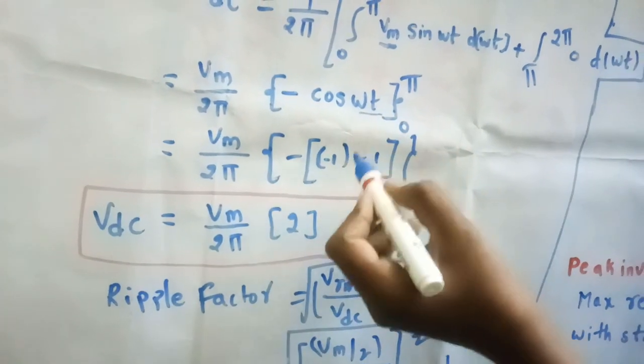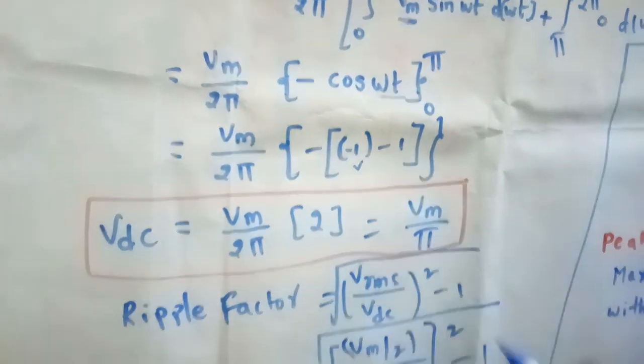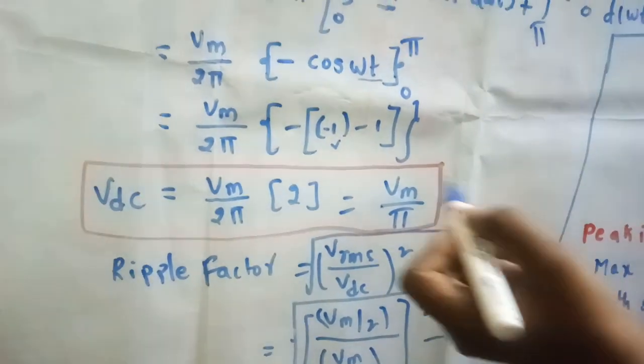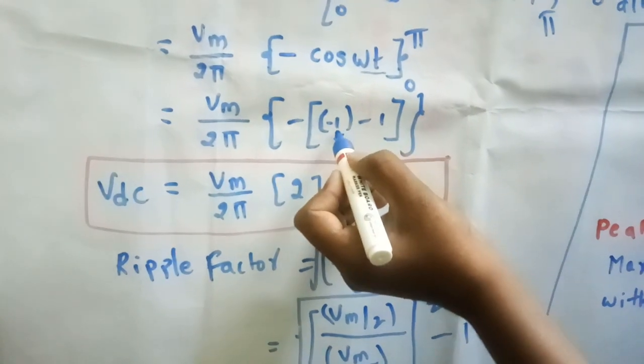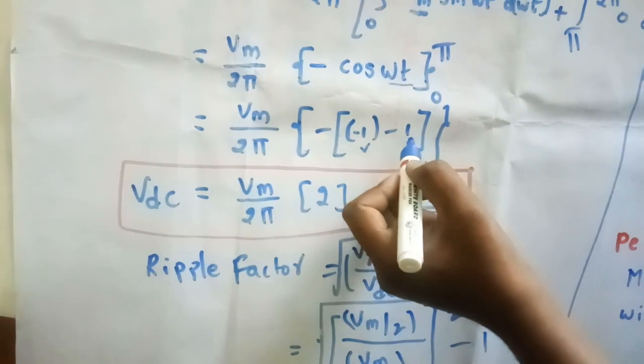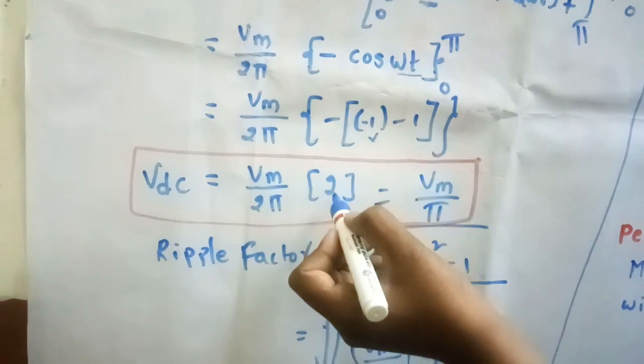Cos pi is minus 1, cos 0 is 1. So minus 1 minus 1 is minus 2.